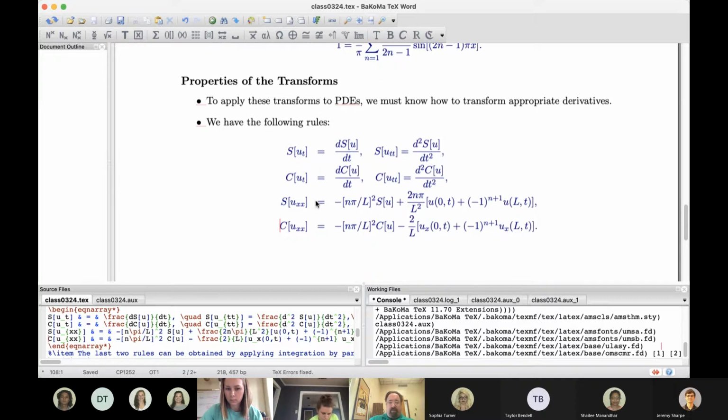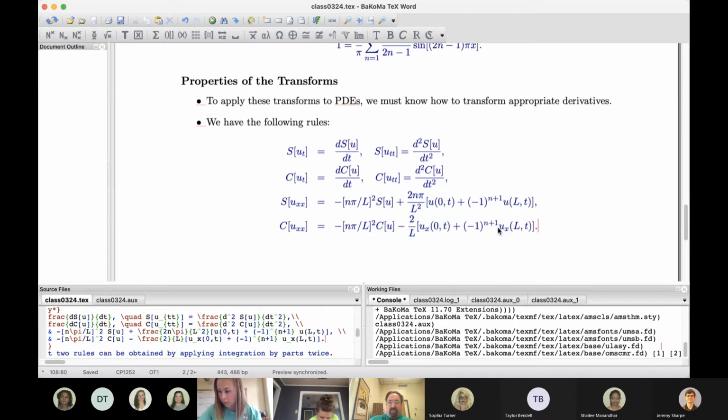Not so with derivative with respect to x. Now, for these kind of PDEs, heat or wave equation, the only derivative with respect to x that we tend to encounter is the second derivative with respect to x. So that's what we give here. The transform of uxx is going to be minus (n pi over L) squared times the transform of u, but do not forget these terms added on to the end.